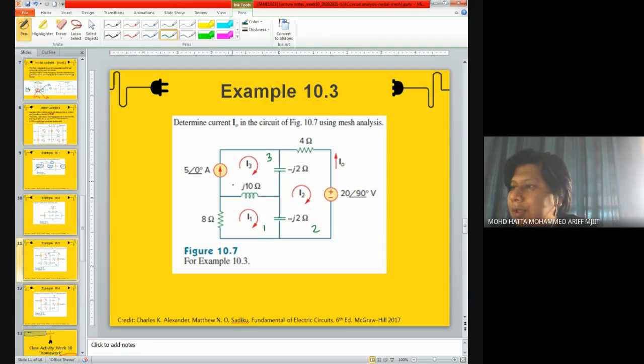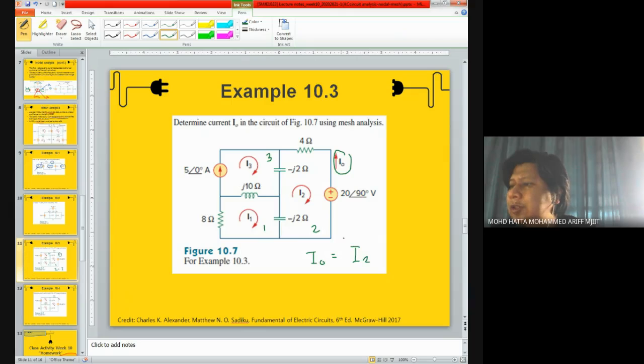And if you look at the current direction in the circuit, it's already been given to you. So you should follow the current direction given in the question. According to the figures as well, if you try to find the current IO, you need to be aware that IO can be found if you know the value of I2.